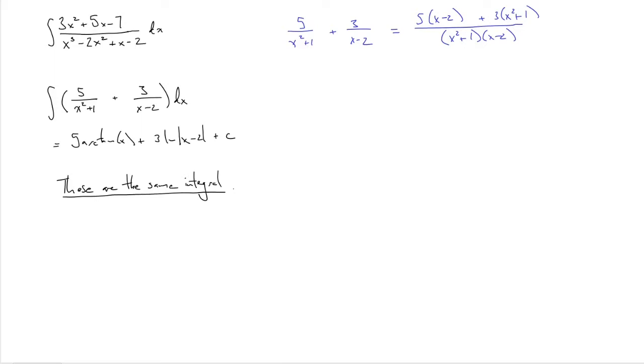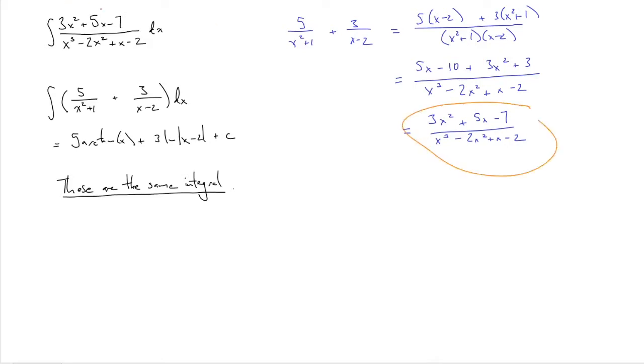And then there's just some simplifying to do. Expanding the numerator and distributing the denominator, you get this, which after you finish simplifying gives us 3x squared plus 5x minus 7 all over x cubed minus 2x squared plus x minus 2, which if you'll notice is exactly what we had over here.